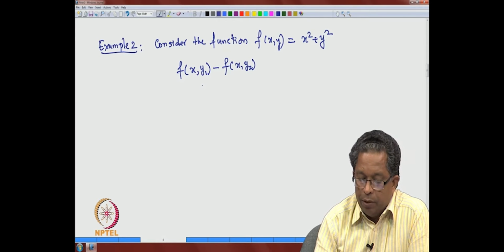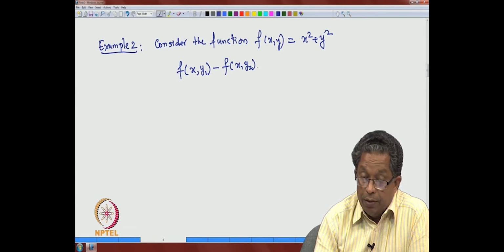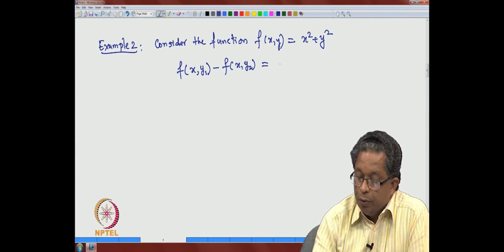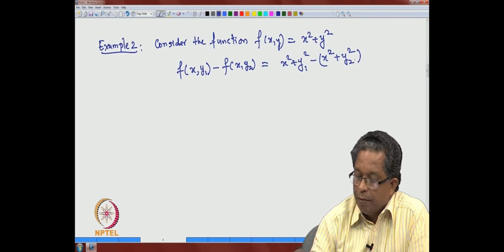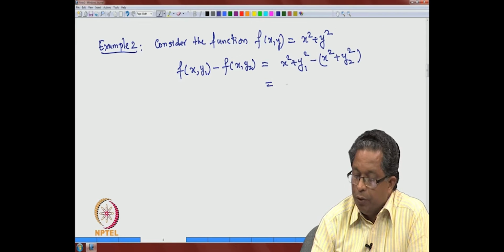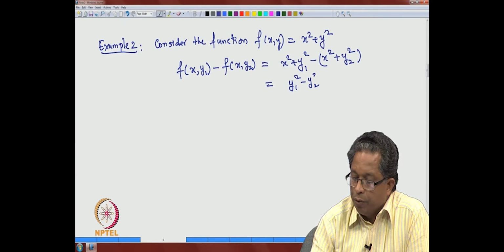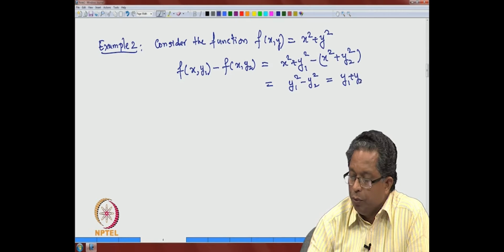These 2 points are arbitrary points in the xy plane, that is in R2. So, the difference is x square plus y1 square minus x square plus y2 square, which is equal to y1 square minus y2 square, which is expanded as y1 plus y2 into y1 minus y2.